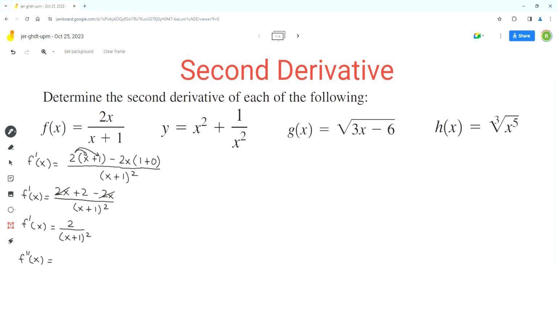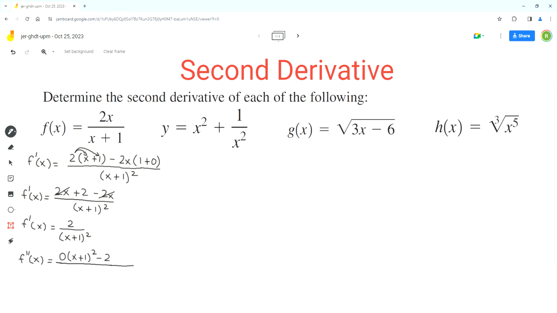So we'll start with the derivative of the numerator, which is 0 because 2 is a constant, times (x plus 1) squared, and then minus the numerator expression times the derivative of the denominator. So for that we'll have to use the chain rule.